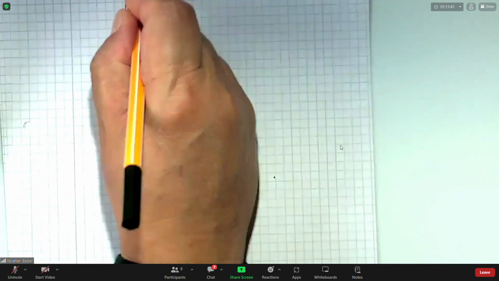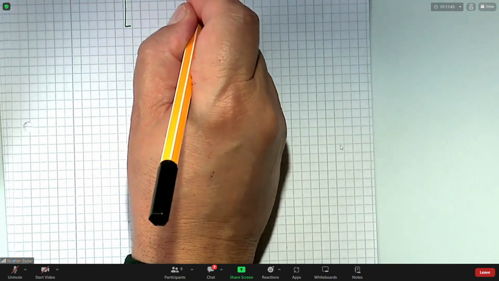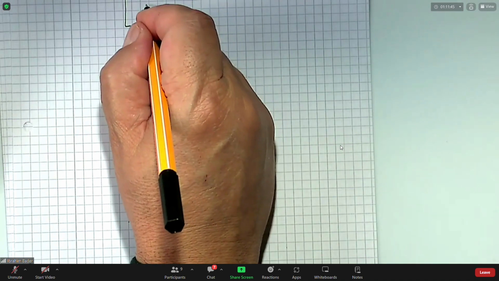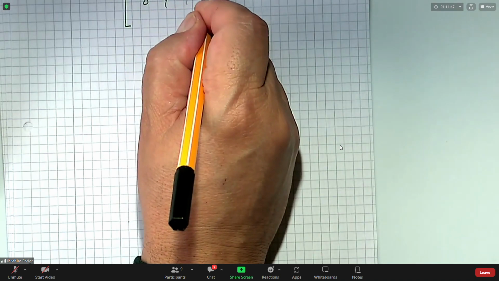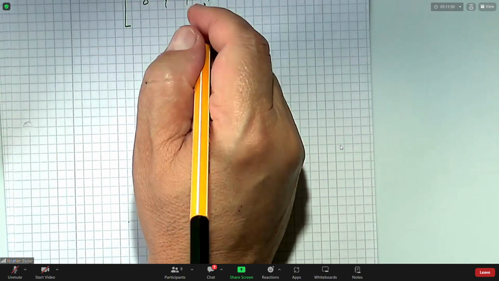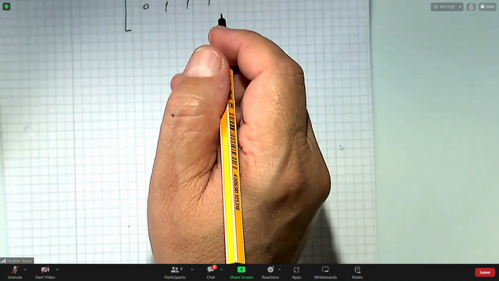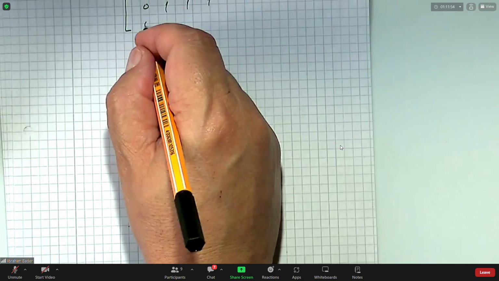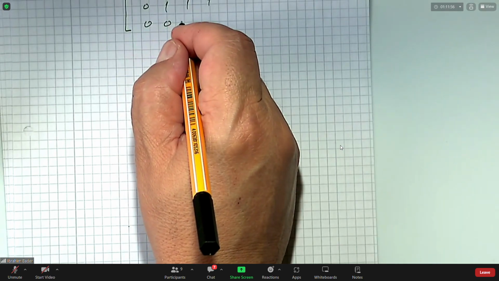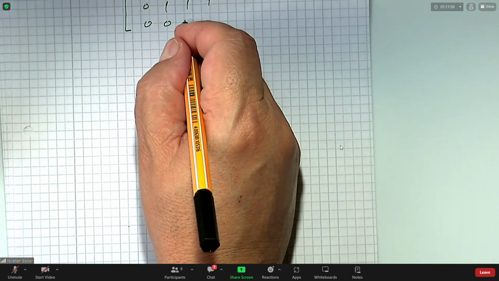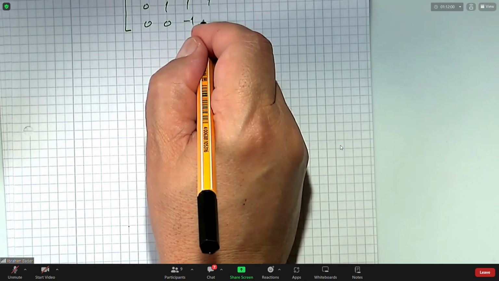The echelon form, I got 1, 2, 2, 4, 0, 1, 1, 1, and here I got 0, 0, let's say -1 and -4.